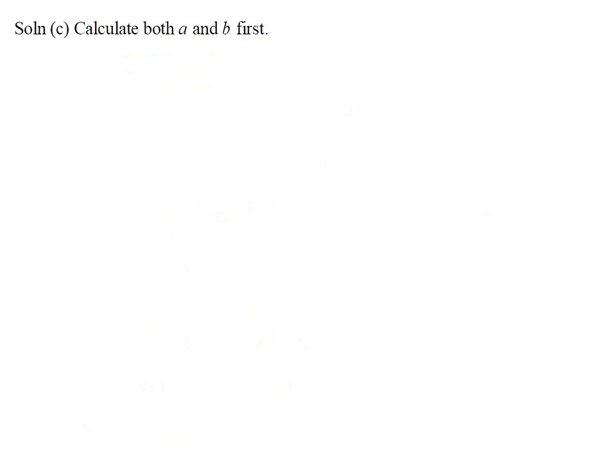To answer part C, we need to calculate the values of both a and b first. Now we recall part C of this question, which is to find the area of the region bounded by f(x), the line x equals a, and the horizontal axis over the closed interval from a to b. Since f(x) equals x logarithm base e of x, and according to part A a equals 1/e, and b equals 1.